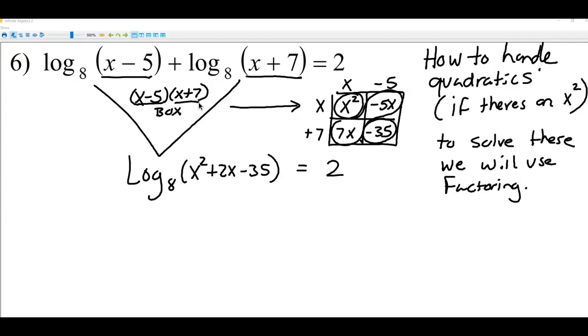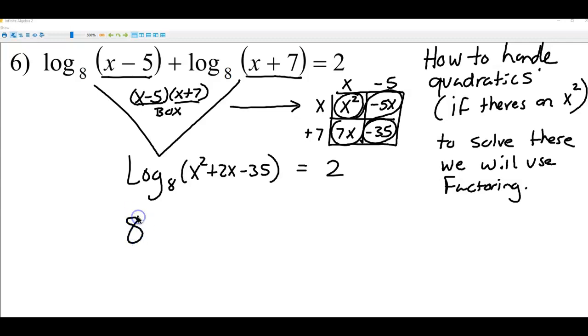Now, remember I said for this problem, we're talking about how to handle quadratics. A quadratic is something with an x squared. So you guys see now, you can't see it in the beginning, but you see now there is an x squared there. So this is a quadratic problem. All right. The next step is we're going to exponentiate both sides.